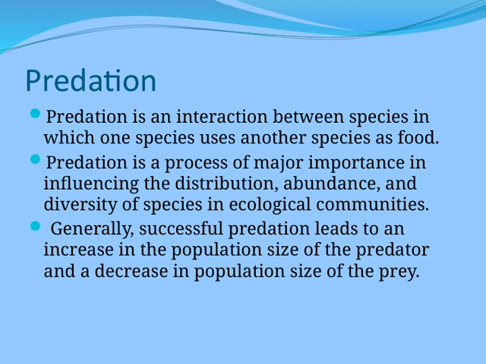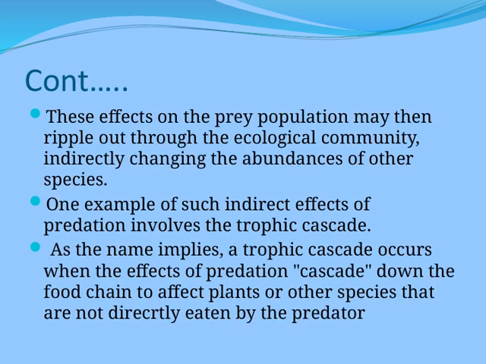When predation is successful, we typically see the predator's population increase because they get the resources they need to reproduce and survive. Conversely, the prey population tends to decrease because they are being consumed. This dynamic is fundamental to understanding how ecosystems maintain balance and regulate species populations over time.